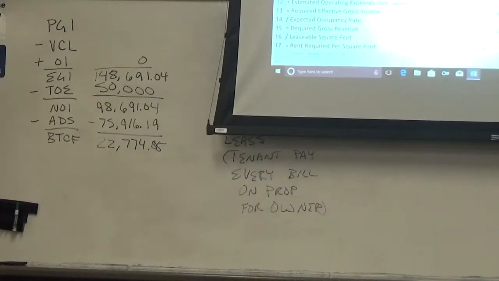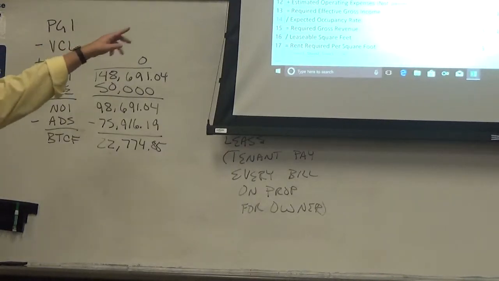We're back. All right, so now, what we've got after this is the 148,691. We don't have any other income that we've put into this model. But what we do have is an occupancy rate for the model to calculate our potential gross income.